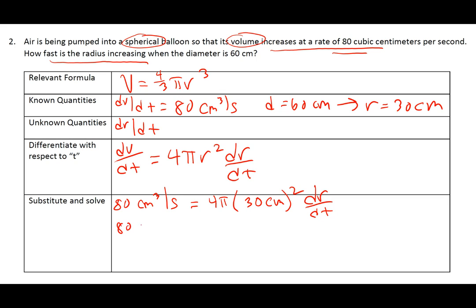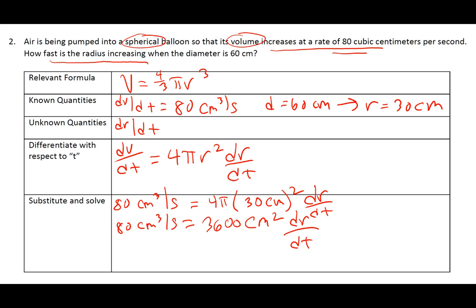So 80 cubic centimeters per second. When you square 30 centimeters, you get 900 centimeters squared. So 900 times 4 pi is going to give you 3,600 pi. And then the centimeters are now going to be squared because you square those as well.